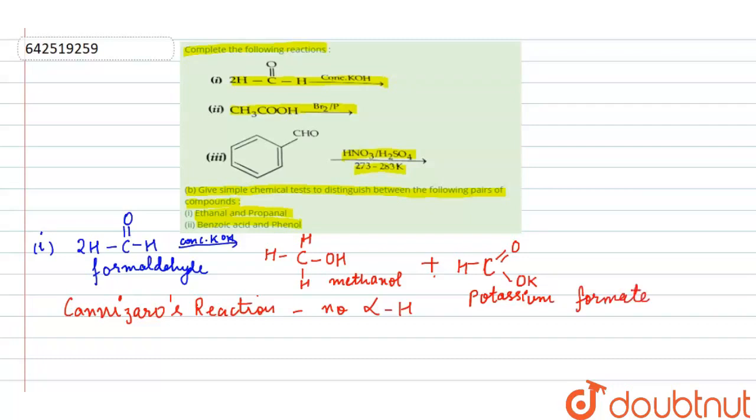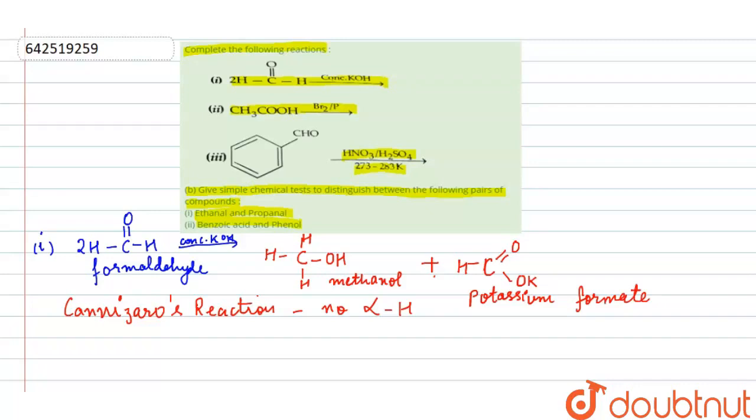This Cannizzaro reaction occurs when there's no alpha hydrogen and the aldehyde is undergoing a reaction in the presence of KOH, potassium hydroxide, or you can say caustic soda. Methanol, the alcohol, and potassium formate are formed. Basically the formate ion is formed, and the potassium ion is attached to this formate ion.